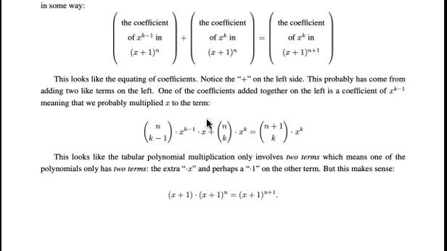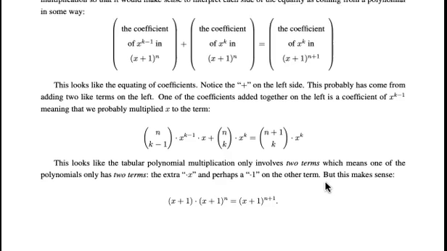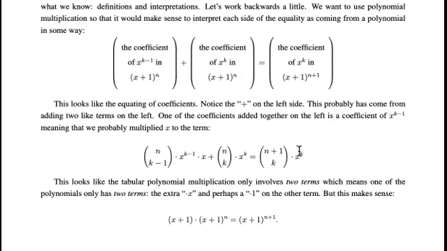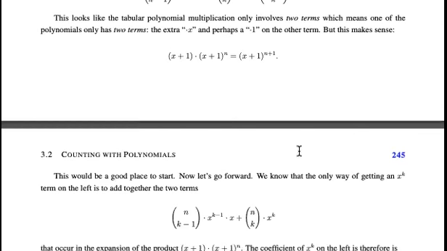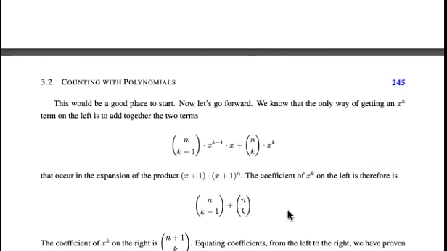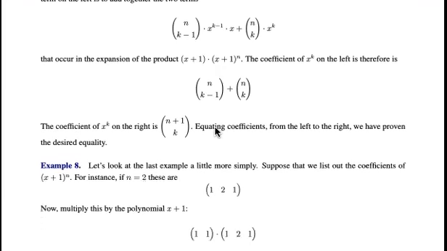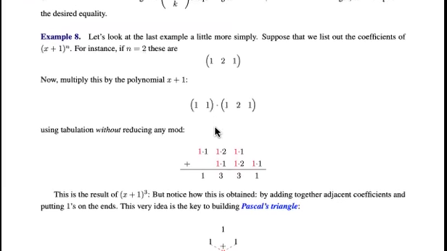Then this will be the x to the k term over here. The x to the k term over here is that. So based off of that and equating like terms, we're done. We've actually shown the equality because we're just adding the coefficients up. I think this works through that process a little bit further and discusses it, but that's basically what we have.